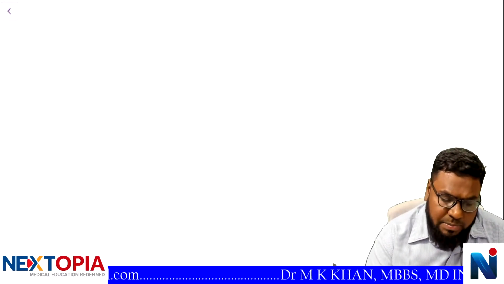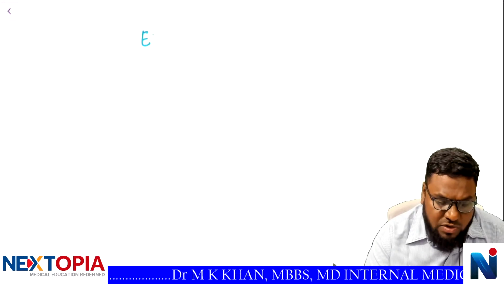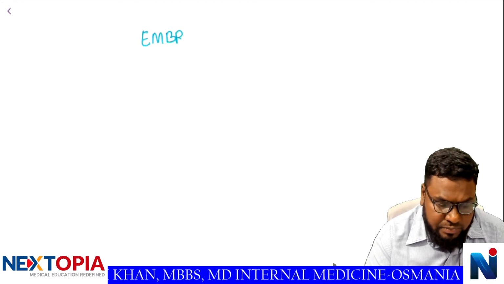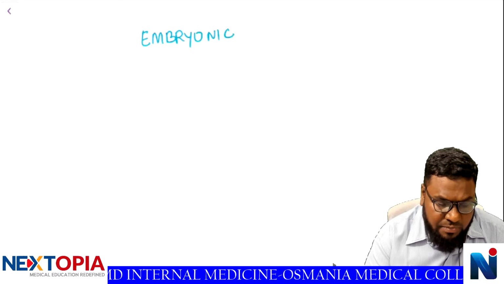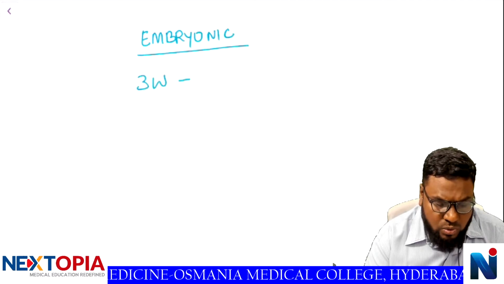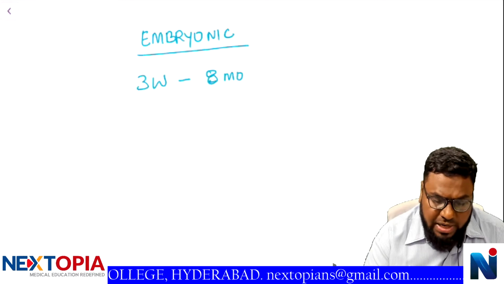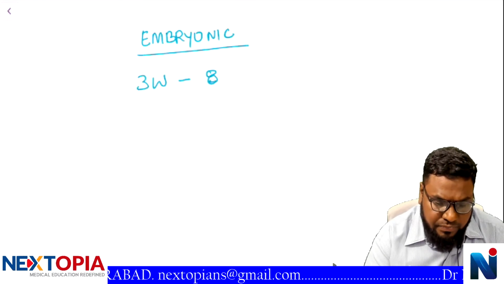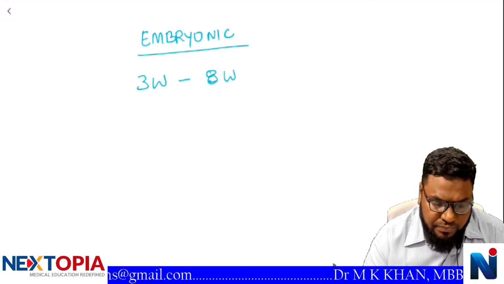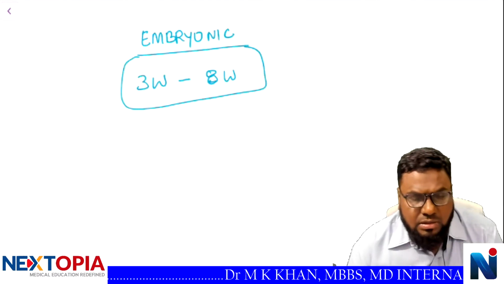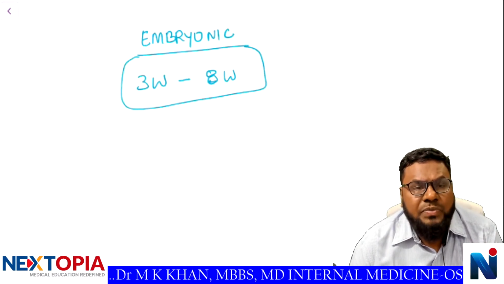Next comes the embryonic period. The embryonic period is from the 3rd week to the 8th week, 3 to 8 weeks. This is very important. Third week to 8th week.